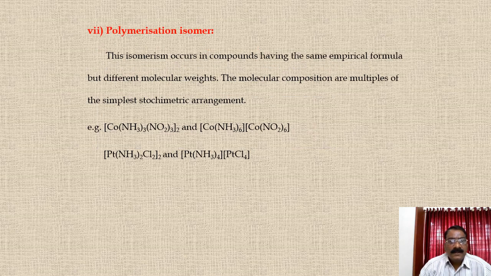The last type of structural isomerism is polymerization isomerism. This isomerism occurs in compounds having the same empirical formula but different molecular weights. The molecular compositions are multiples of the simplest stoichiometric arrangement.